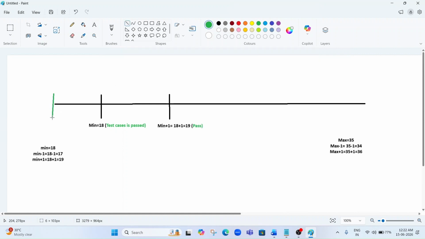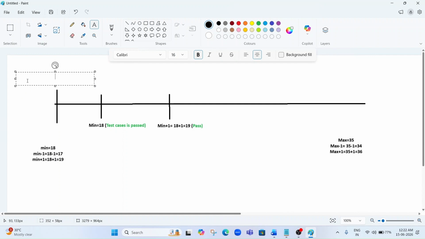Then the condition we will check here also: min minus 1, because we are checking the boundary. We are using boundary value analysis. So 18 minus 1 equals 17 means not allowed. So our negative test is also passed.